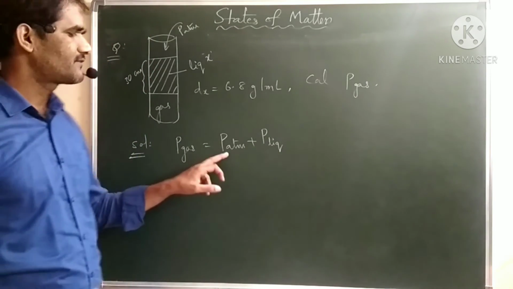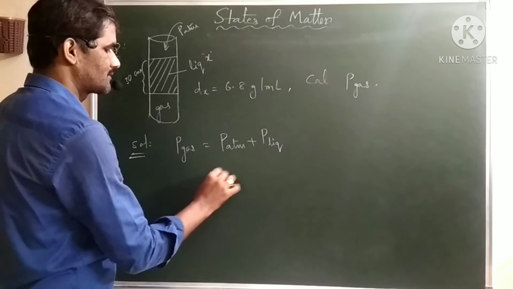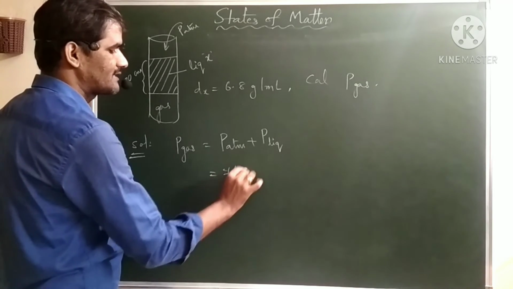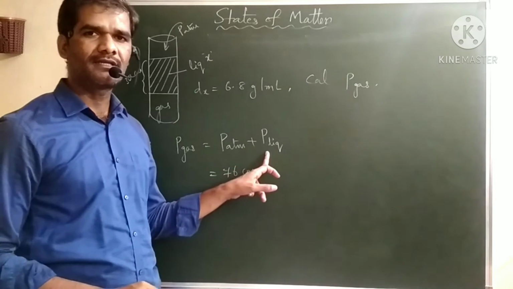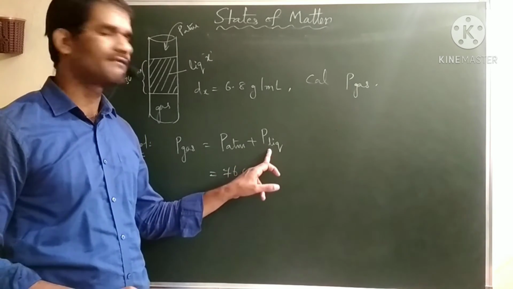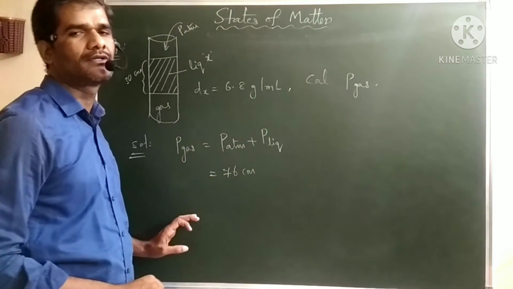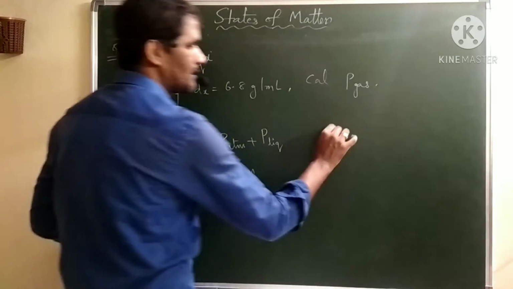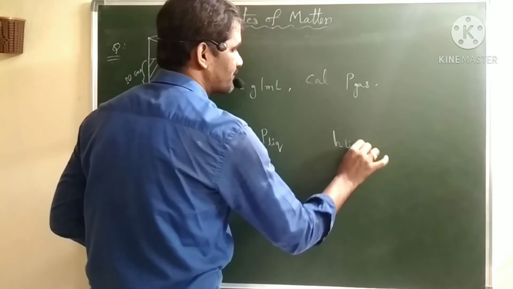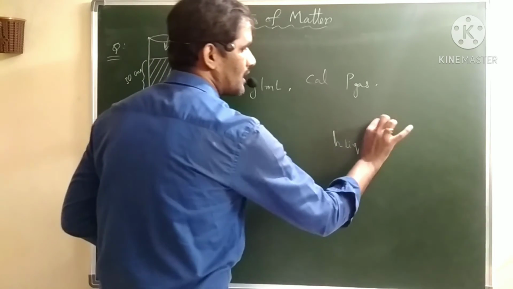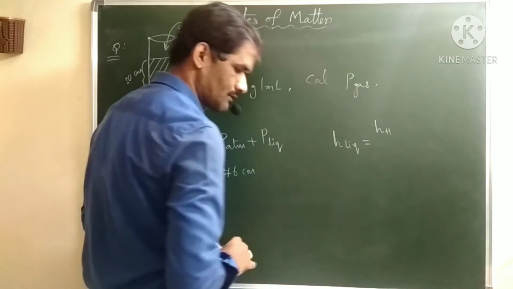So pressure of atmosphere generally we will calculate in terms of mercury, that is 76 centimeter of Hg. But pressure of liquid, this is the liquid height, and first we have to convert it into mercury. So for that, the height of liquid is equal to height of mercury.